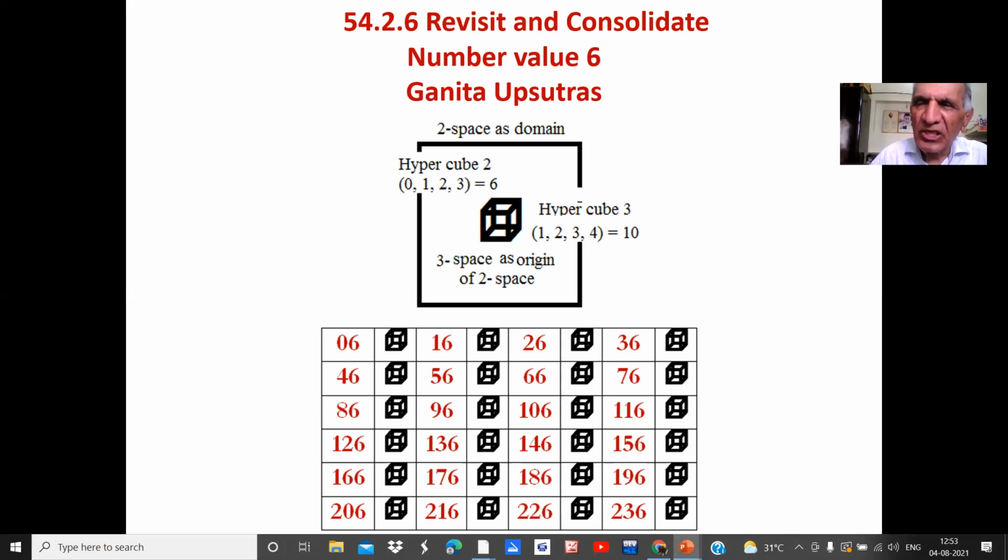Now, the transcendental code value for Sahastra, 1000, is 23. The number value, DC value, for the formulation Anant, infinitely infinite, infinite infinities. We are within the domain of the mathematics of infinities. Infinity as an entity, infinity as a unit.